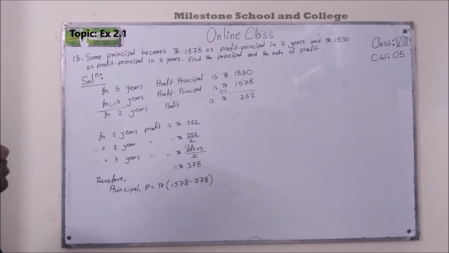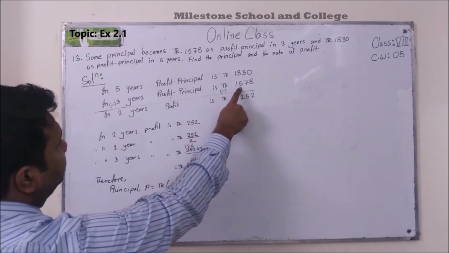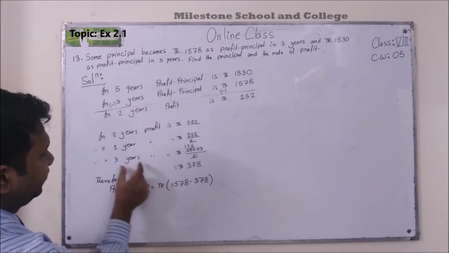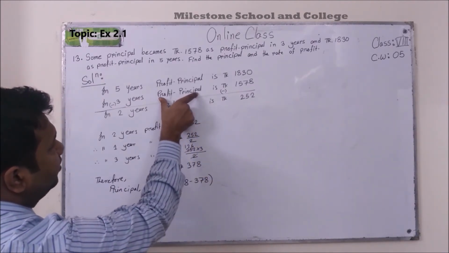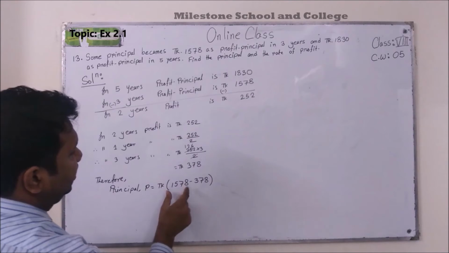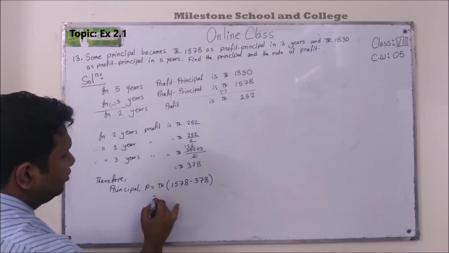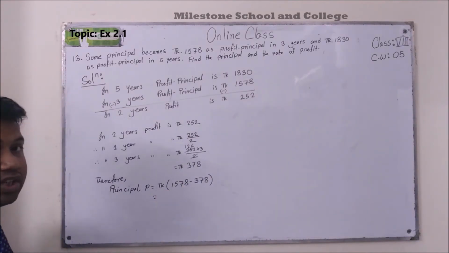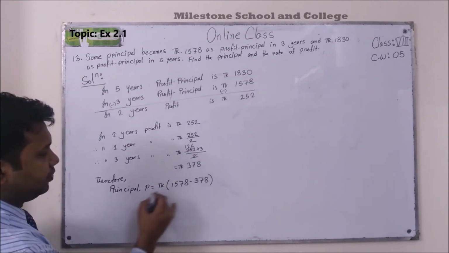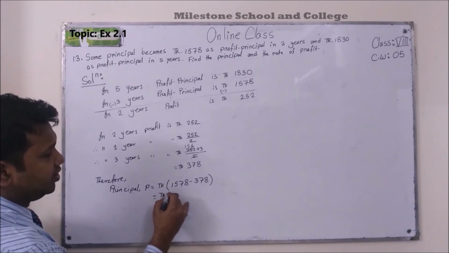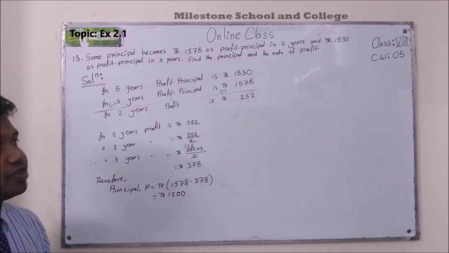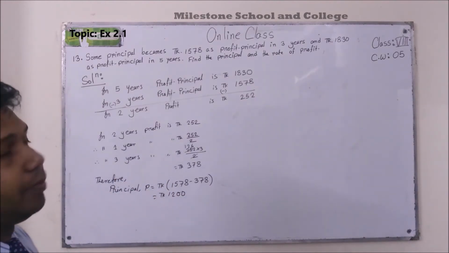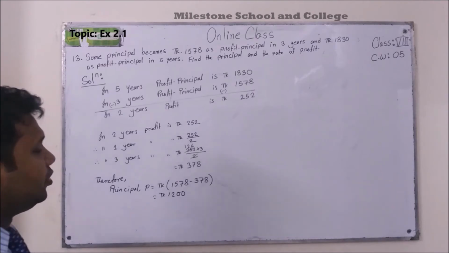We just subtracted the profit of 3 years. What is the profit of 3 years? 378. We subtract it from the profit plus principal, 1578. So the remaining money will be our what? Our principal. So principal is taka 1200. The first part of the question asked for the principal. So this is our principal, 1200 taka.